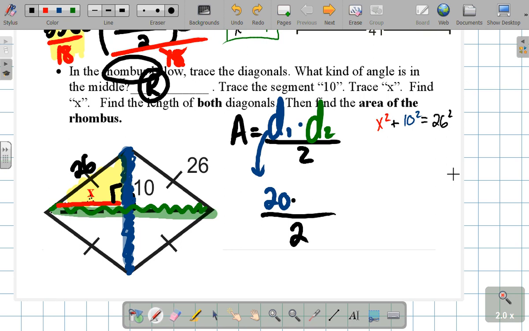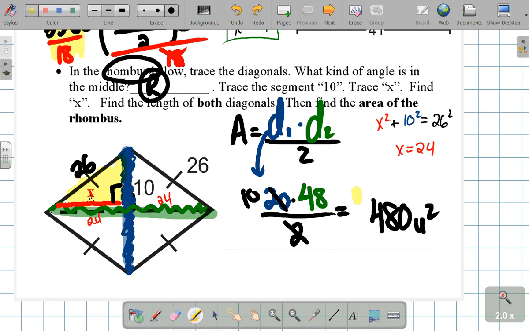Once you solve for that, find the area of the rhombus. I'll give you guys a minute. I'll check it when you're done.